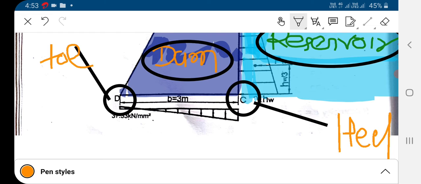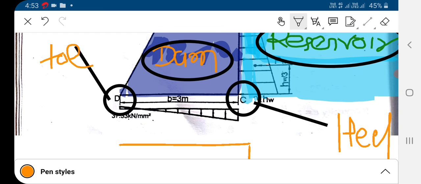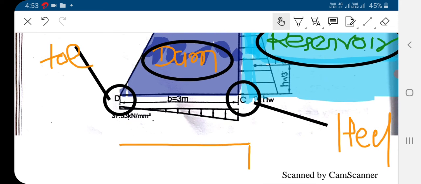The maximum pressure sigma max is acting at the heel side, and the minimum pressure is acting at the toe, which is the negative one. So the diagram will look like this. We'll draw it bigger.